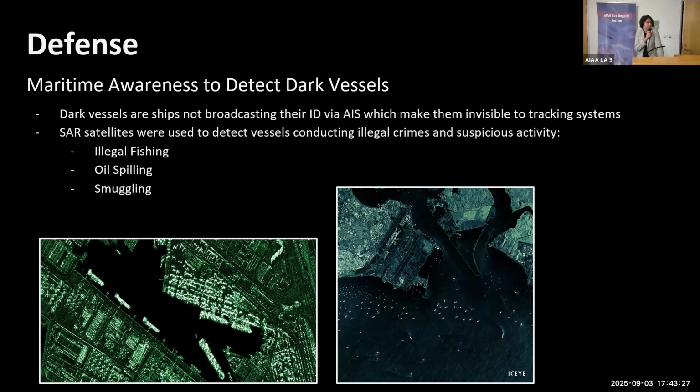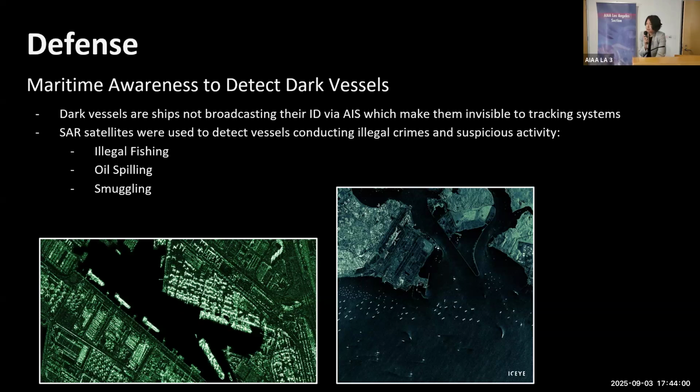And lastly, I think one of the most interesting applications of Earth observation data is defense. And one case study of this was maritime awareness of dark vessels. What dark vessels are, are ships that don't have an AIS system on board. Typically vessels have an AIS system, and this is used to identify the vessel, including its heading, its speed, its location, and so forth, using radio technology.